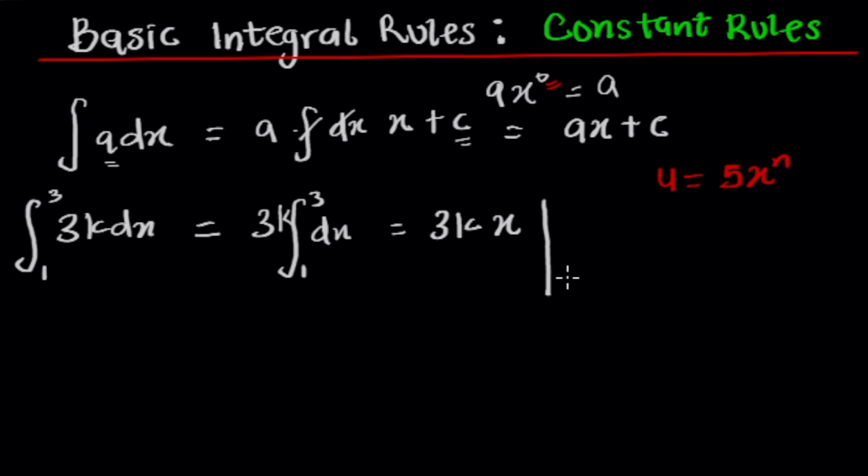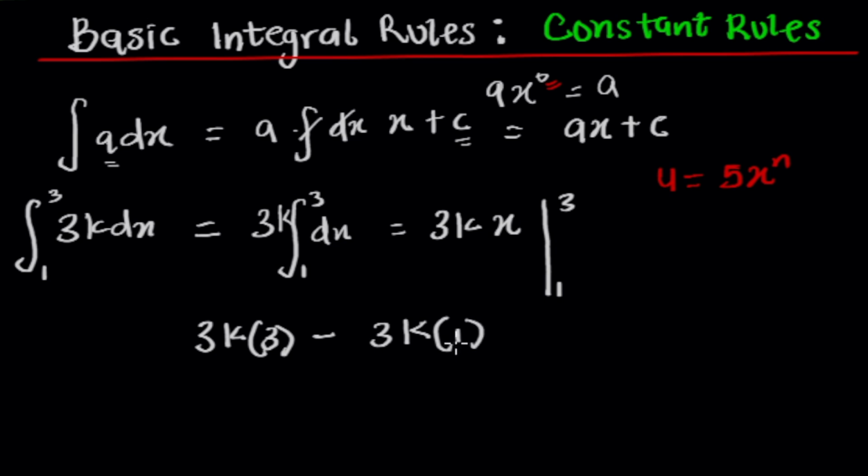Don't forget, I'm having 1 and 3 here, right? So that shows that I'm going to go ahead and fix the value into this expression here. Here I'm going to put plus c because I'm having limit. So you're going to have 3k into bracket the value of x when it is 3, right? Then minus 3k and the value of x when it is 1.